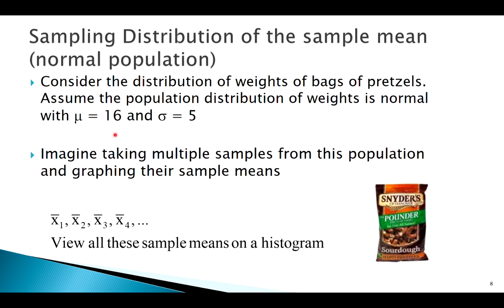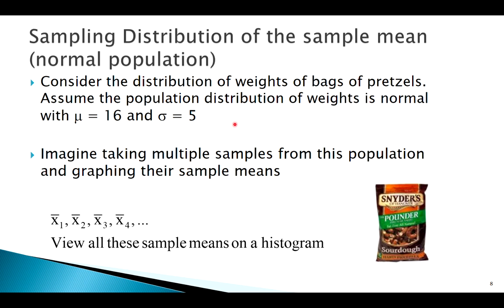So let's assume that the mean of this population of bags of pretzels, the weights of these bags of pretzels, is 16 ounces. And I'll just arbitrarily design a standard deviation of 5 ounces.